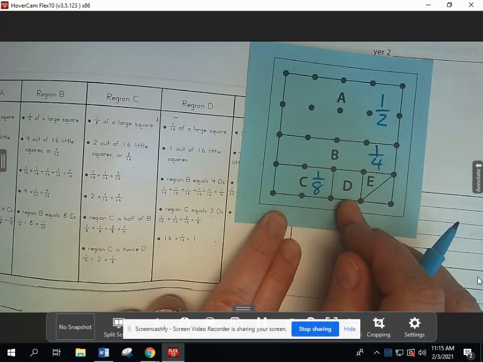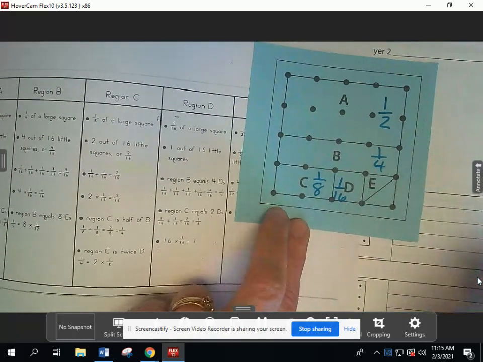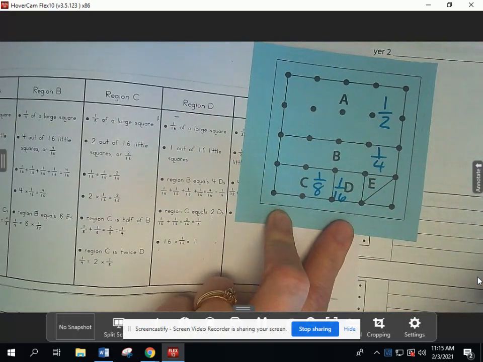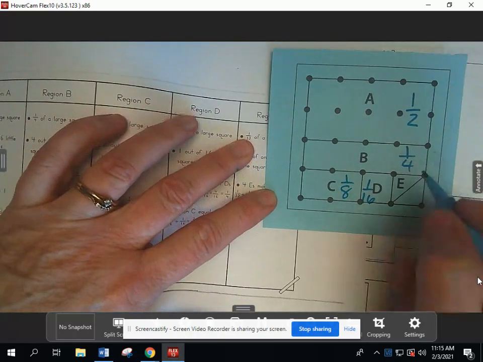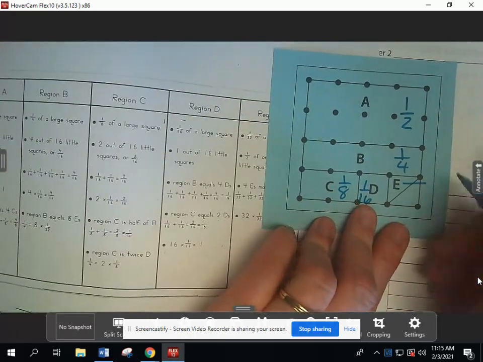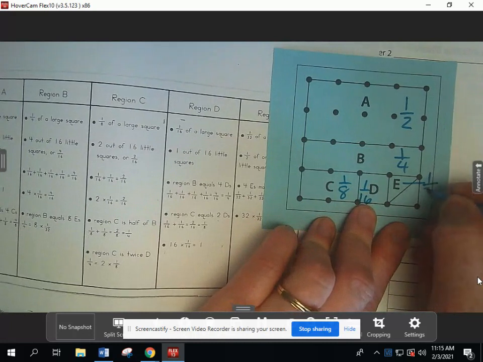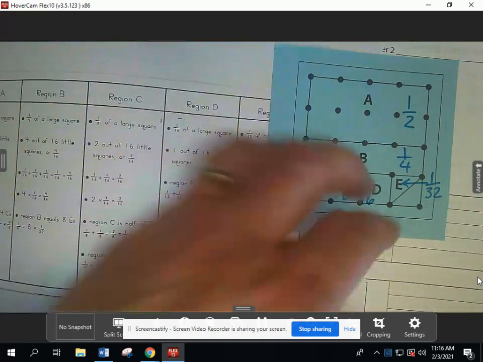Oh, Reese's eyes got big. 1/16, Anna says. Okay, and Gabby, are you brave? No, she says she's not brave, but maybe we can help her out. What is that fraction there? 1/32. I'm going to write it over here just because otherwise it's hard to read. So I put a little arrow over here.